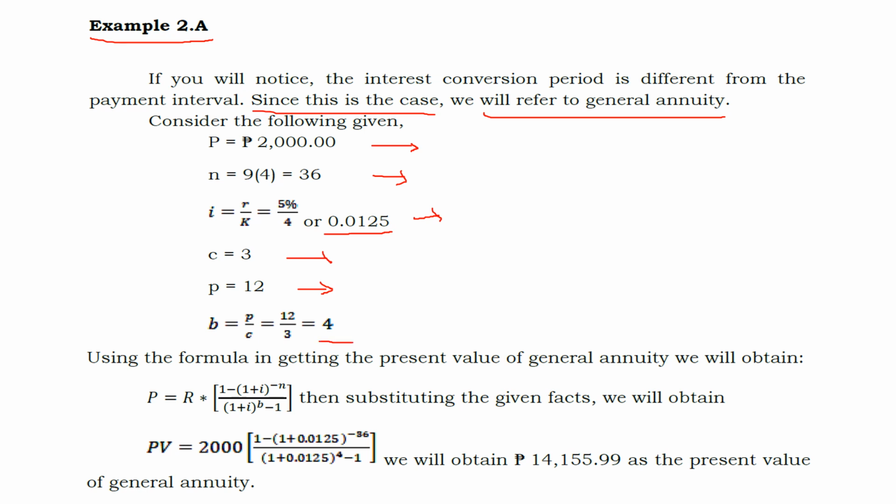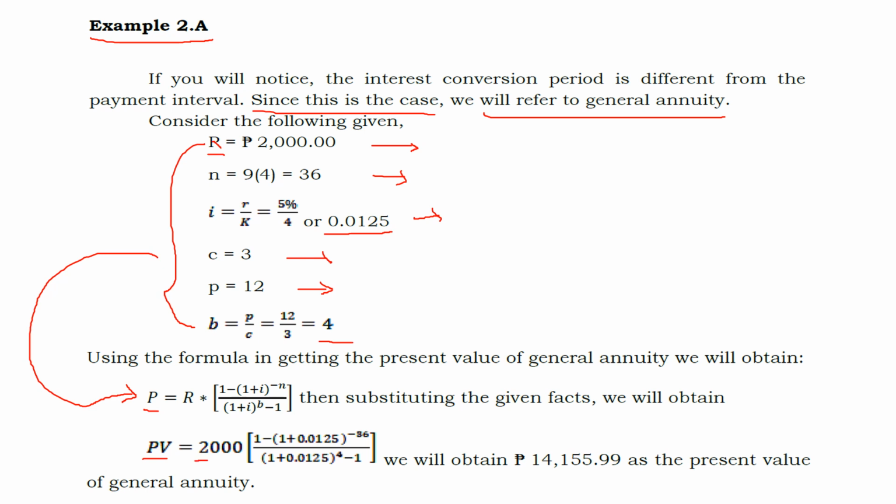So with the given values of P, N, I, C, P, and B, we can now substitute these into the designed formula for the present value. In this case, this is R, the periodic payment, which is 2,000 pesos.